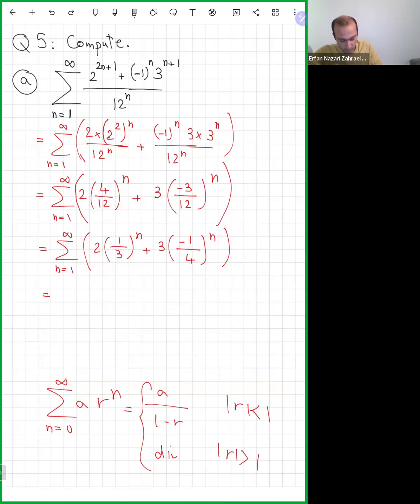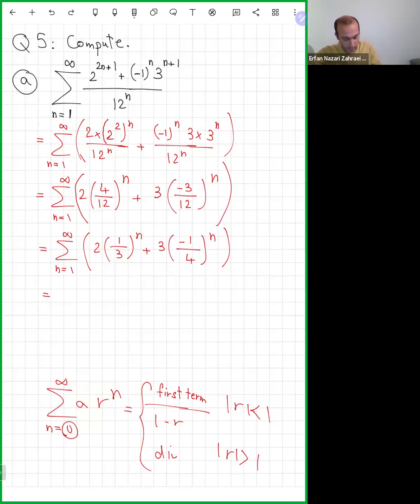The best way to memorize this is that it's the first term of this series over 1 minus the common ratio. When n is 0 and you put 0 in this term, it's A R to the 0, which is A. That's why we had A here.